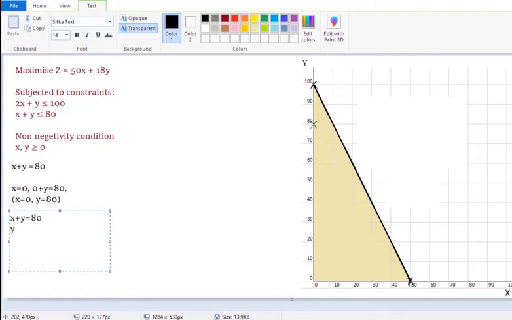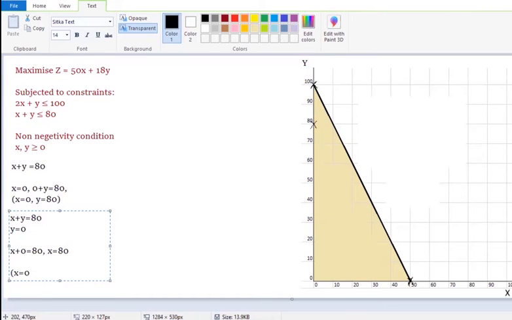If I put y equal to 0, what will I get? I will get x plus 0 equal to 80. So that means x equal to 80. So the second point is y equal to 0 and x equal to 80.